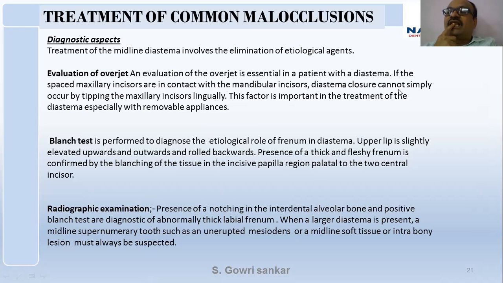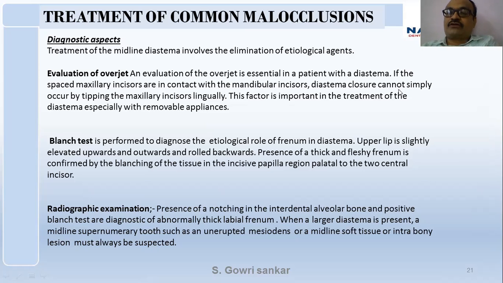And you have to check the incisive papilla. When you manipulate the lips along with the labial frenum, there is what is called dancing of the incisive papilla. The incisive papilla starts moving. So you can clearly say that the midline diastema is the result of the presence of a thick labial frenum.